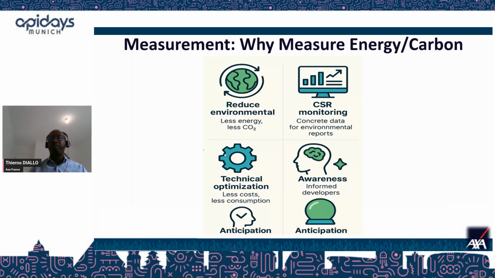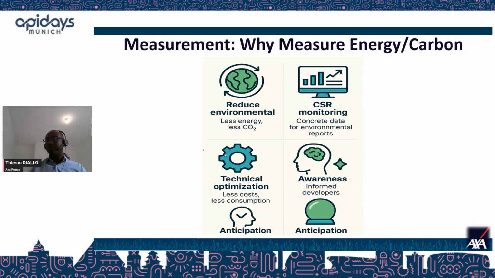improve our API or something else, in order to raise the awareness of our developer colleagues. We can measure in order to show them that we are not just guessing that the API is not very energy efficient, that we have the proof with our measurement.